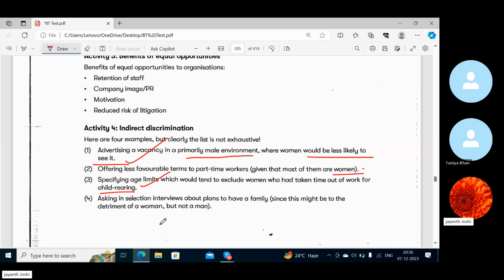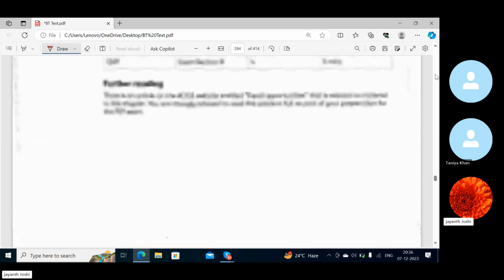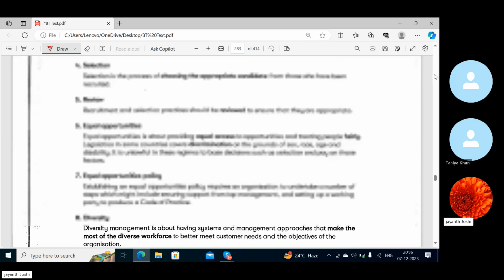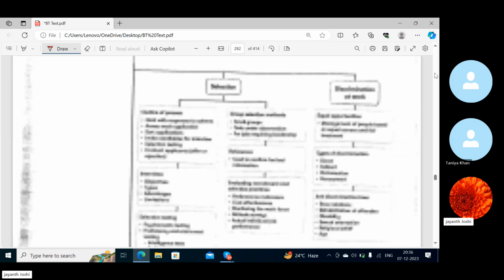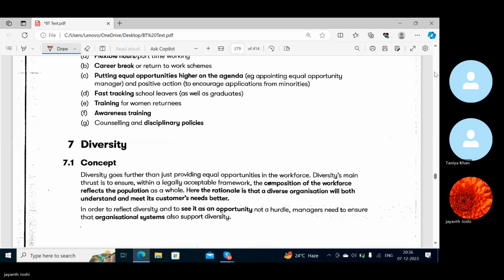Asking in selection interviews about plans to have a family, since this might be to the detriment of women but not to a man, because the woman has to raise the child, woman has to feed the child, woman has to maternity. See, both become parents, but the challenges are more to a woman, right? This also can be a discrimination.